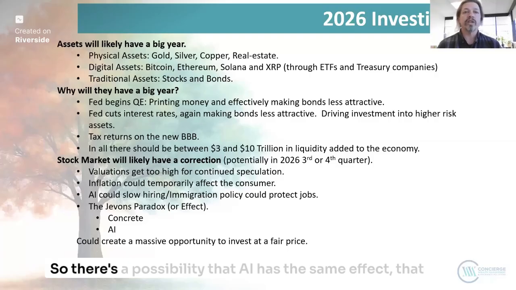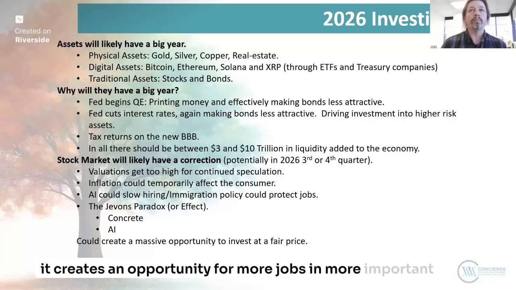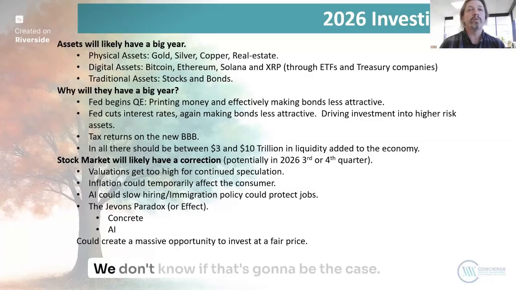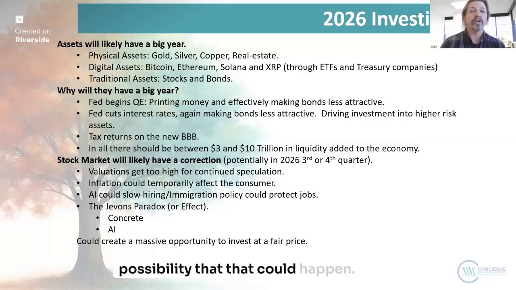So there's a possibility that AI has the same effect, that it creates an opportunity for more jobs in more important areas because it replaces the lower level jobs. So we don't know if that's going to be the case. We won't know for a while, but there's a distinct possibility that that could happen.